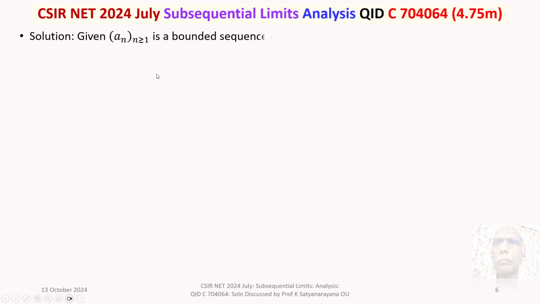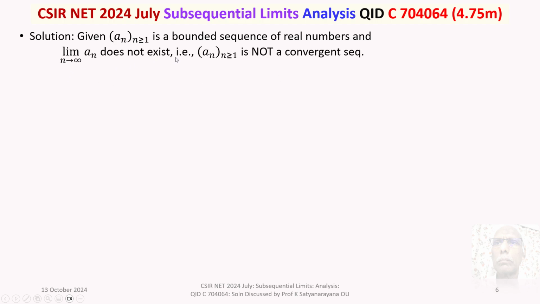We are given a bounded sequence of real numbers a_n, n greater than or equal to 1, and it is further given that the limit as n tends to infinity of a_n does not exist. That is, the sequence is not a convergent sequence.